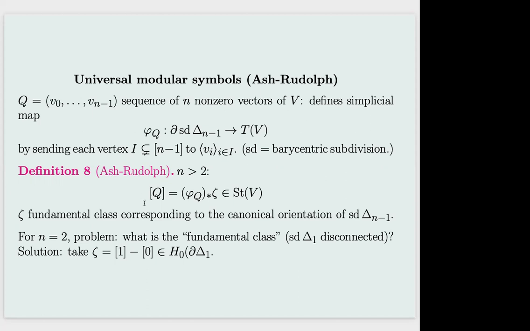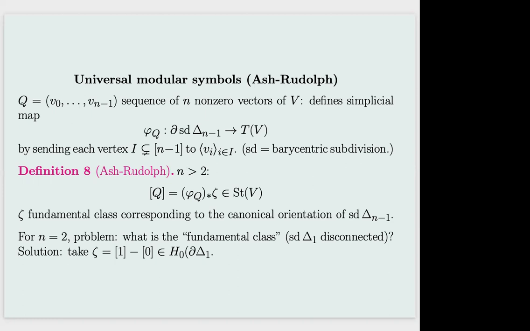And Ash-Rudolph define the universal modular symbol associated to Q as the image of the fundamental class in Steinberg of V, where the fundamental class corresponds to the canonical orientation of SD of delta n minus 1, which is fine for n bigger than 2, but for n equals 2 there's a problem because this space is disconnected.